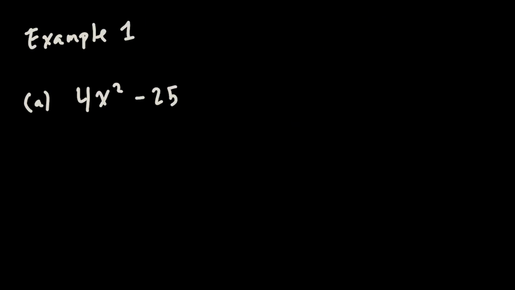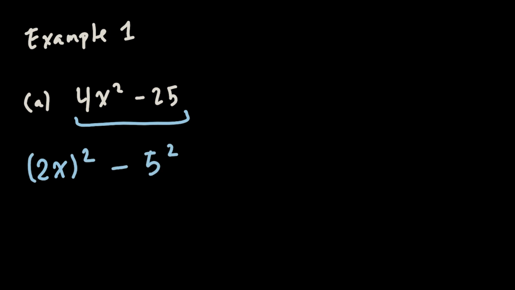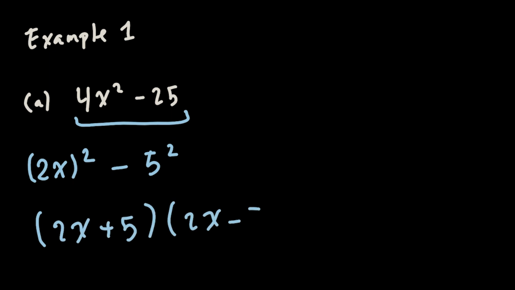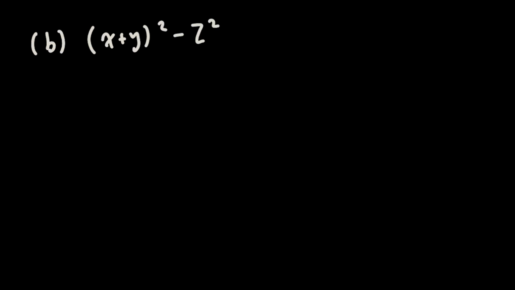Let's see an example. Example number 1, part A says if we have 4x to the power 2 minus 25, we want to factor it. We can rewrite it as 2x all to the power 2 minus 5 to the power 2. So now we will have 2x plus 5 multiplied by 2x minus 5. Let's see part B. We want to factor this expression here.